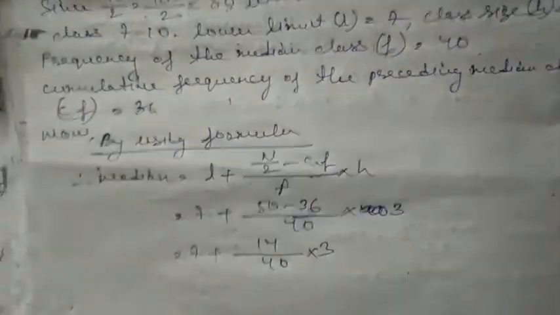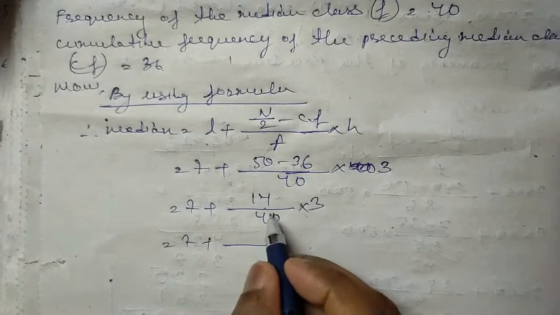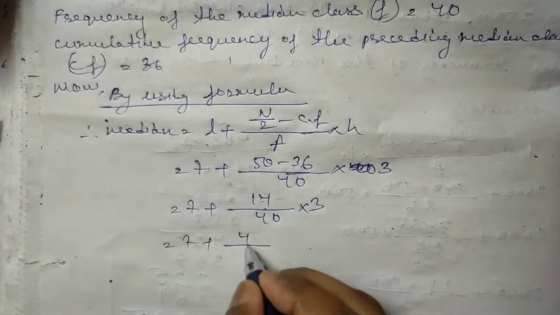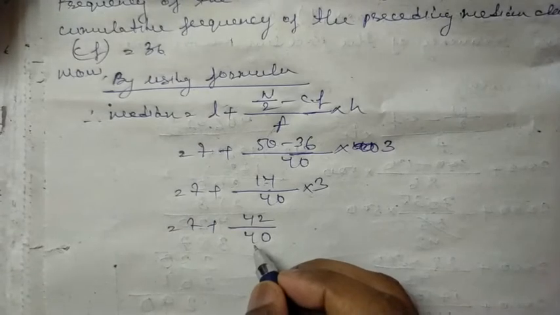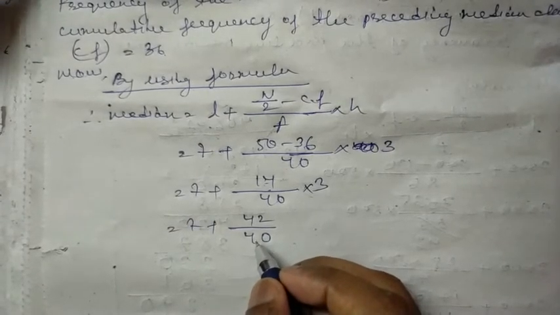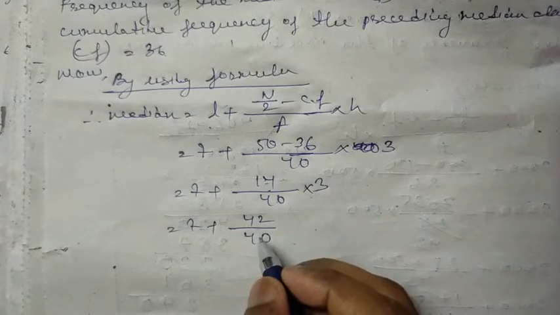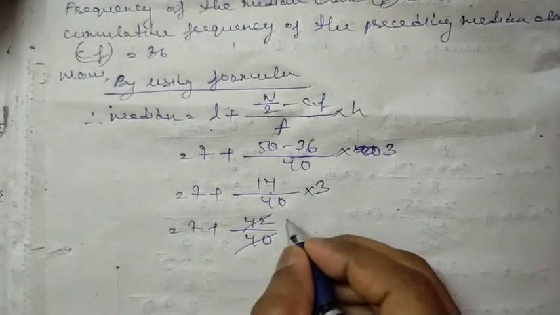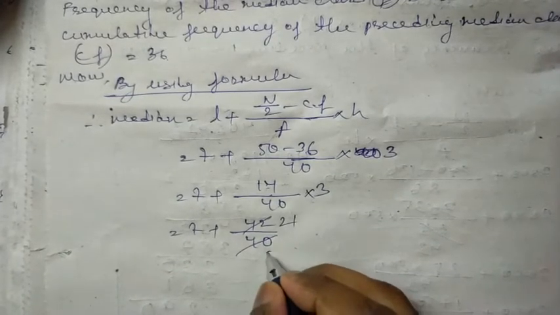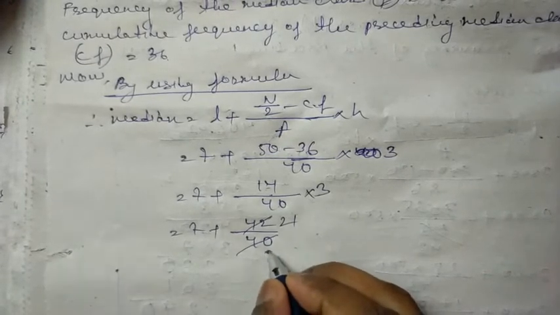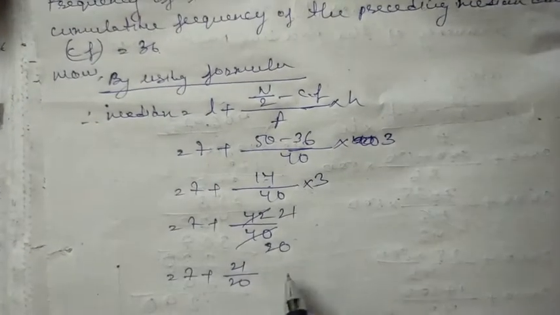Now 14 times 3 is 42, divided by 40. We can cancel 2 from both sides, giving 7 plus 21 by 20.